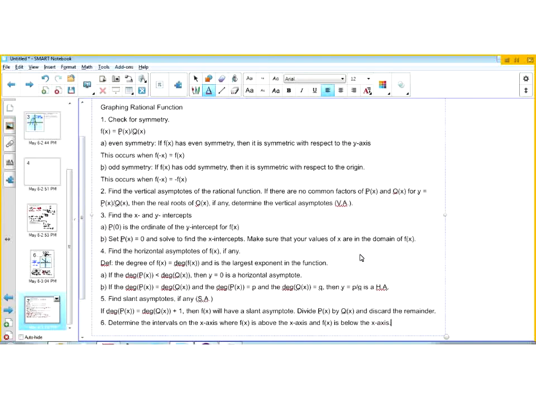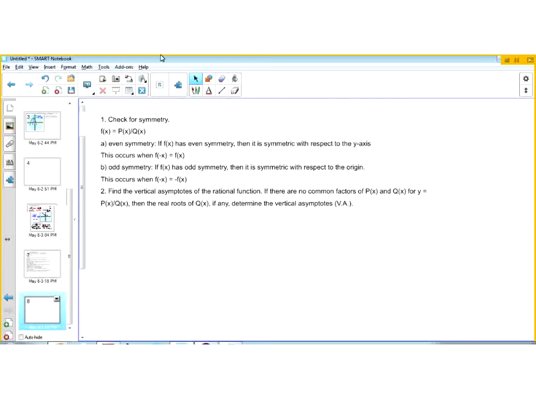And I'll show you the technique for doing that as well right now, as a matter of fact. So, next slide. So make sure you get all these steps down. We'll use them often.